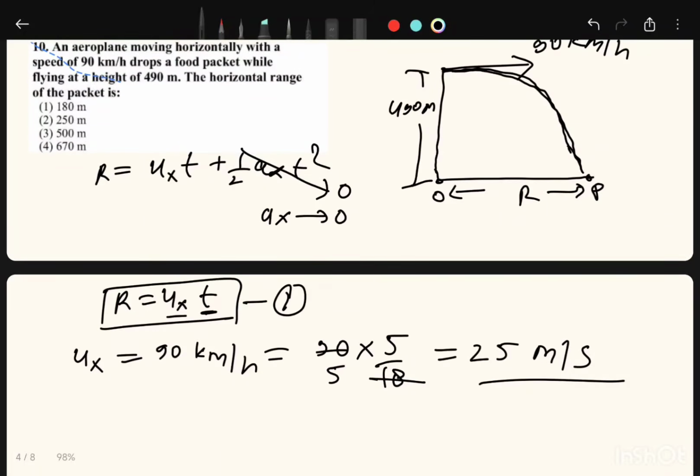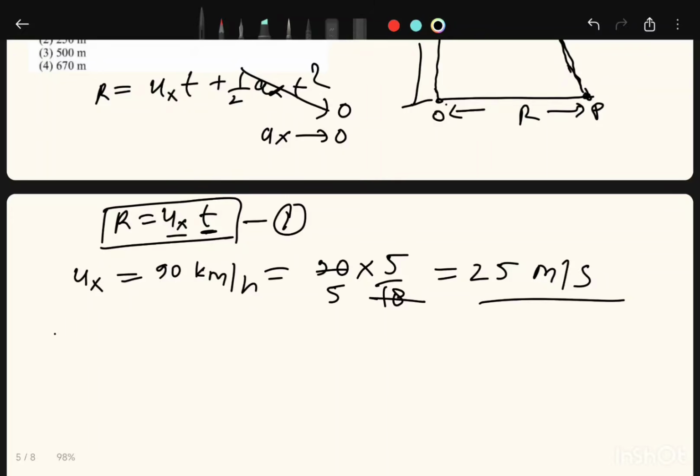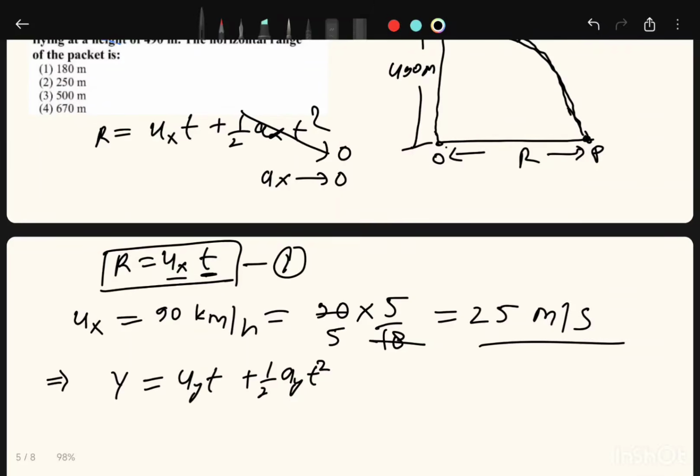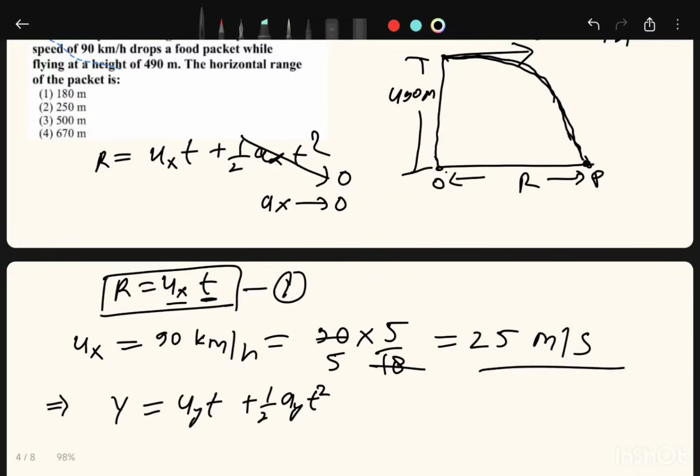When the particle reaches the ground, the vertical displacement it will cover will be equal to 490. So we can use the second equation of motion in the y direction, y equal to uyt plus half ayt square, right?